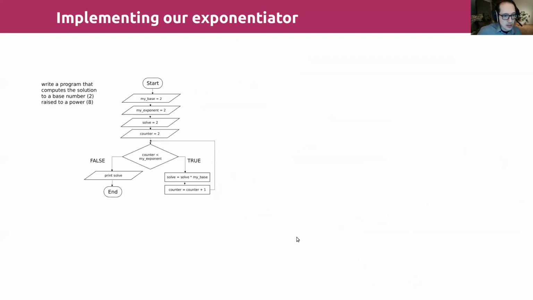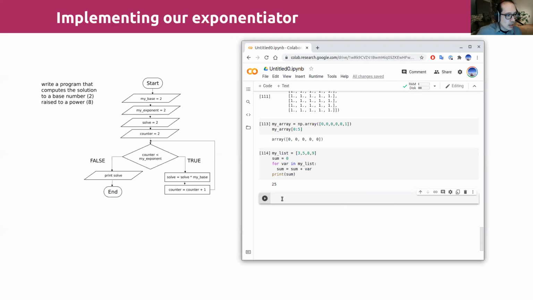So let's try implementing this in Python. We can start with base equals 2, exponent equals 2, solve equals 2, counter equals 2. And you can see the flowchart really helps make things simpler.